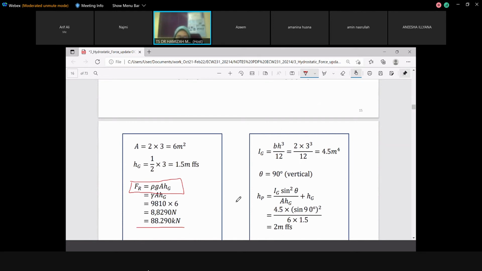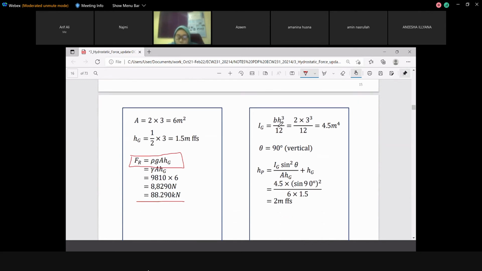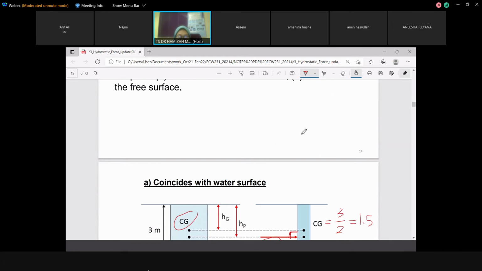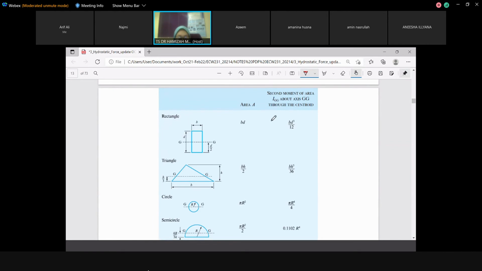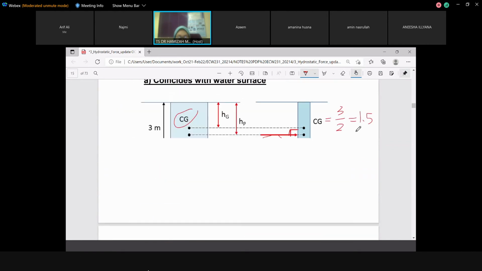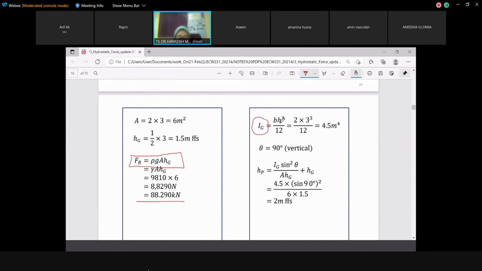And then to calculate the location of the force, dah dapat nilai force, we need to know the magnitude or the location of the force. So we need to find the second moment of area first. This one is rectangular. So we check back for rectangular. Okay, you can use BD or BH. Basically BH lah senang, height kan? D tu macam diameter, so you might get confused. So you can change to base times height cube.